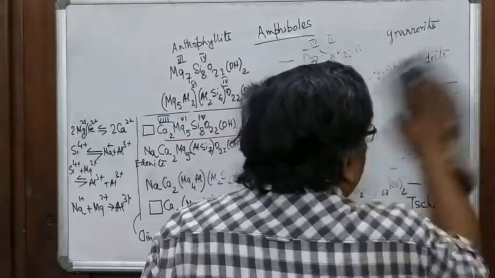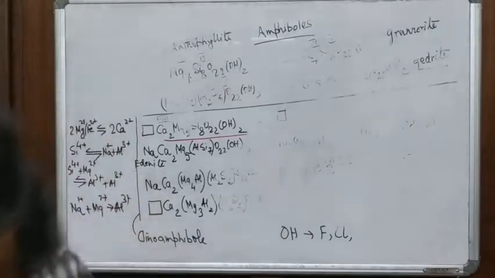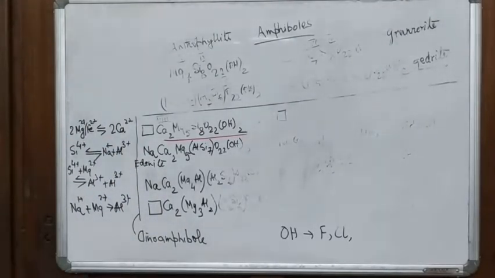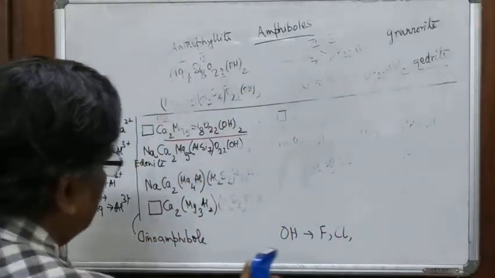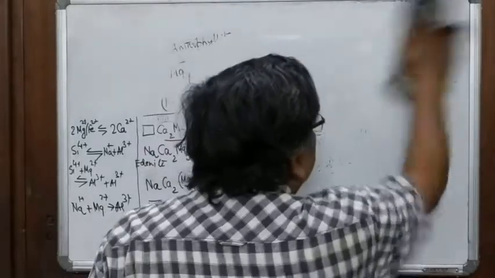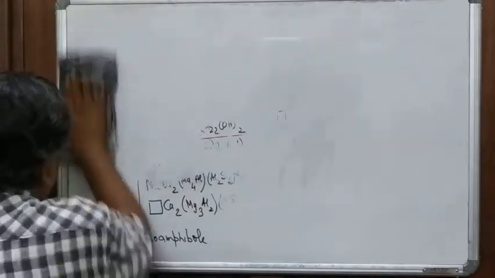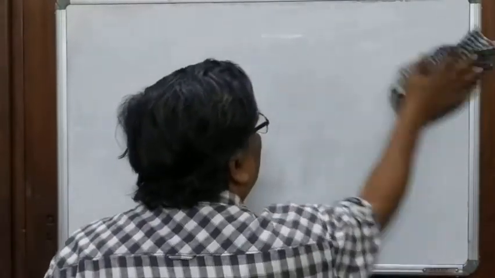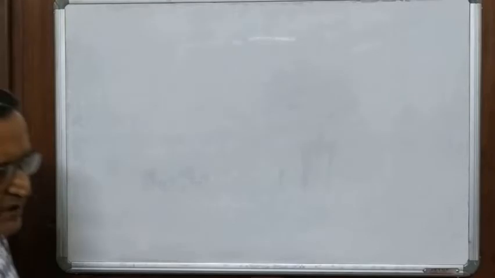So now, let me make these different amphibole components into some sort of a composition space, and let's see how this works. Let me first draw the diagram.